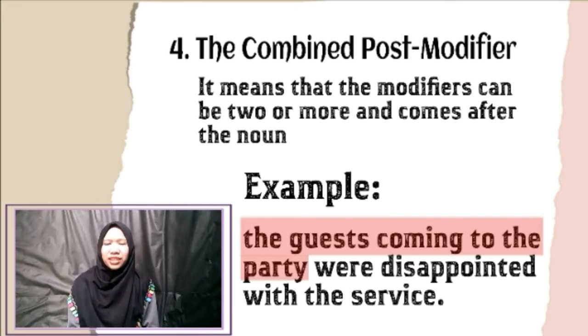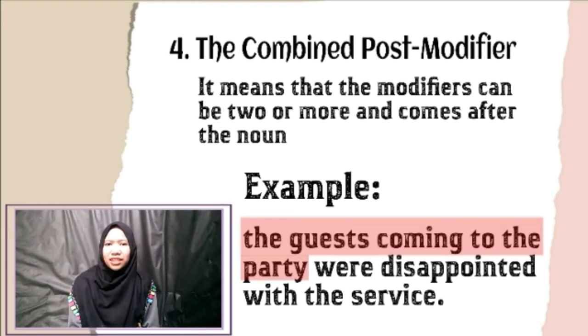Number 4, the combined post modifier. It means that the modifier can be 2 or more and comes after the noun. Example, the guests coming to the party were disappointed with the service. The guests coming to the party is the noun phrase.